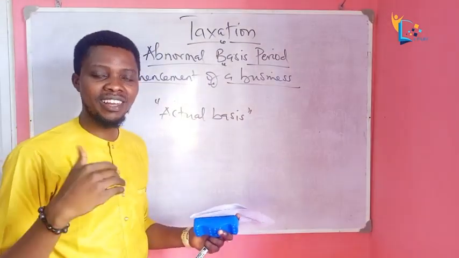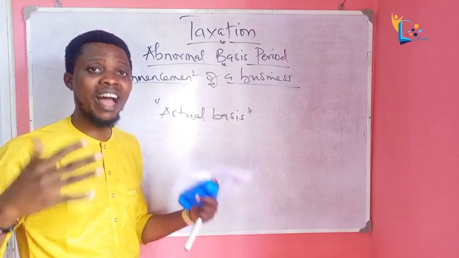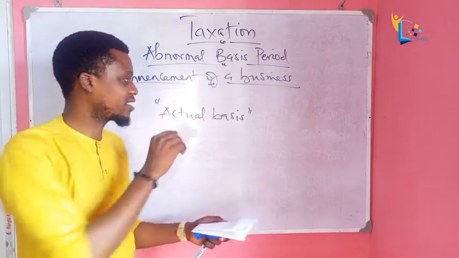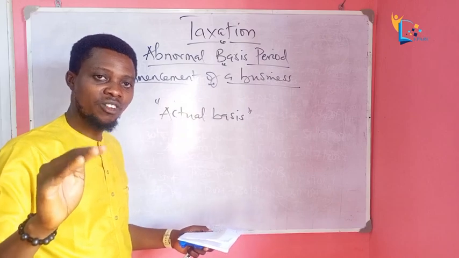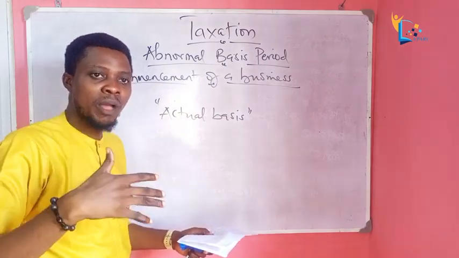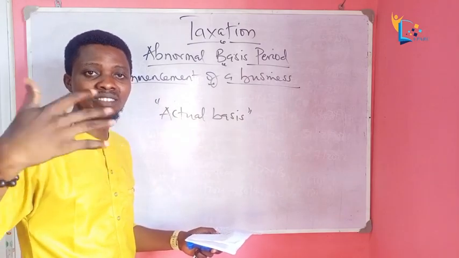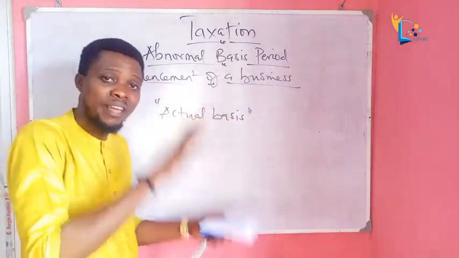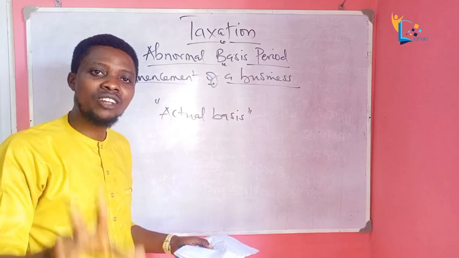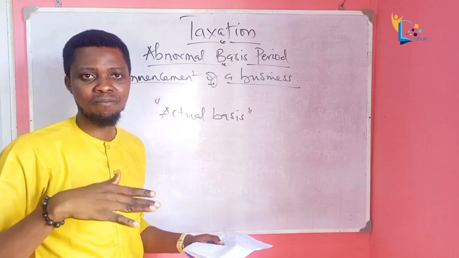The authorities grant the taxpayer the right of election in the second year and third year of assessment. The taxpayer will say, okay, I want my second and third year assessable profit to be assessed based on actual basis. And actual basis is 1st January to 31st December of that year.